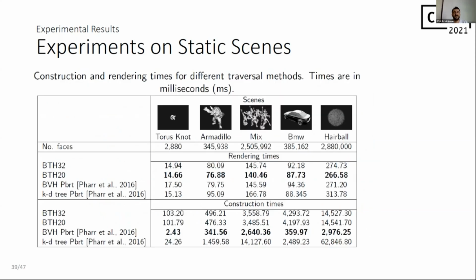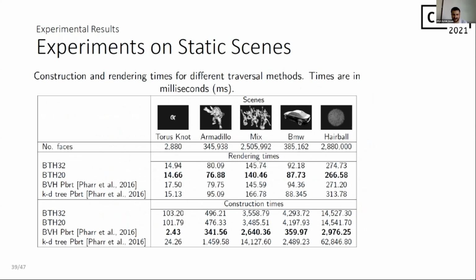And these are the construction and rendering times for different traversal methods, comparing our method with a BVH and a KD-tree. As you can see, in those small scenes, our compact structure BTH20 beat other methods, although the results are quite close to each other.